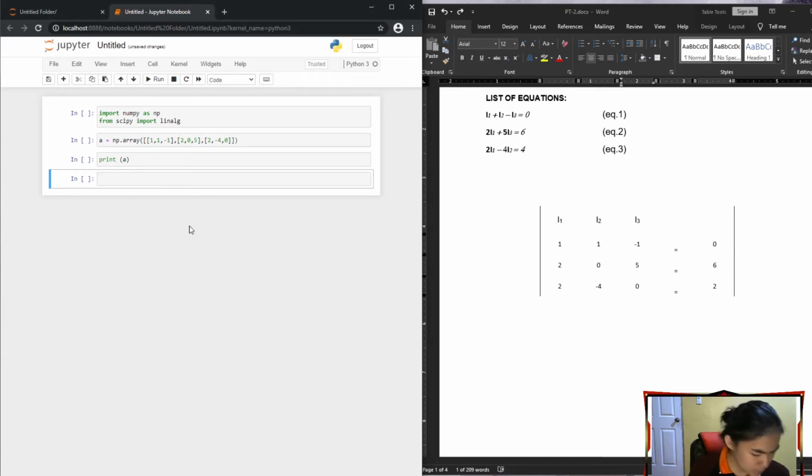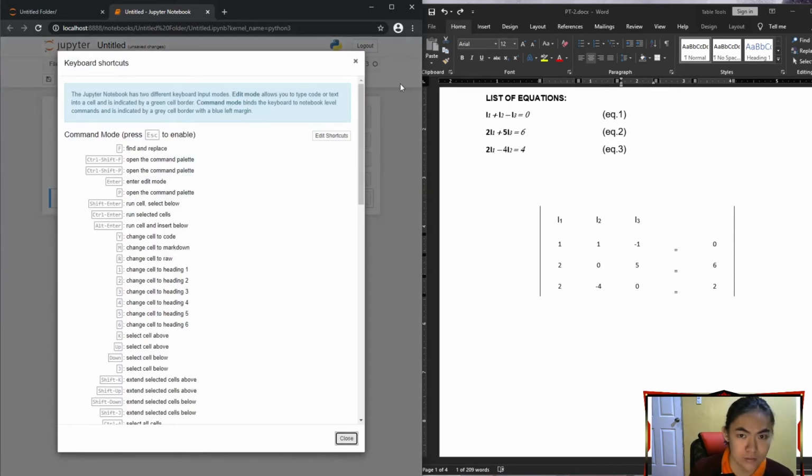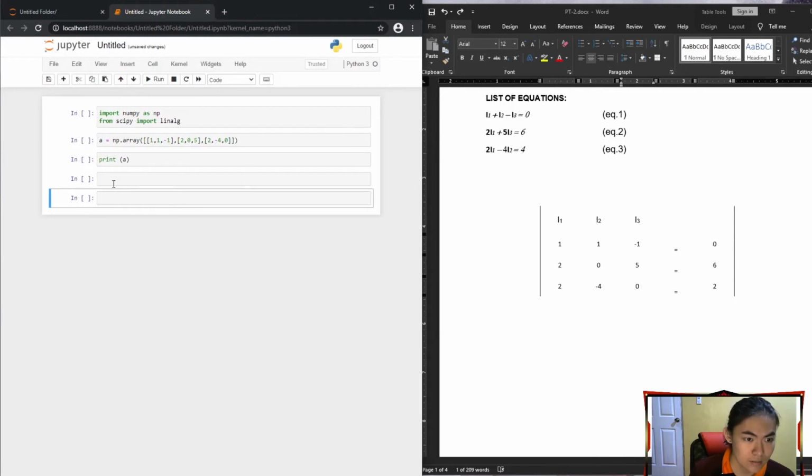Magle-left naman tayo ng ating B. Ang ating B equals np.array. Ganun rin, halos same rin siya sa nilet A natin kanina na gagawin.